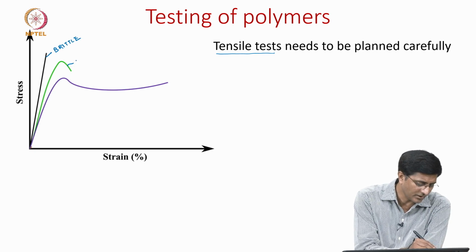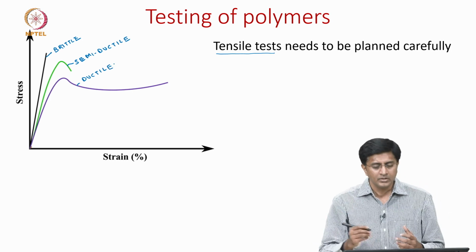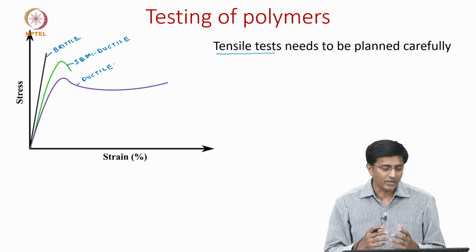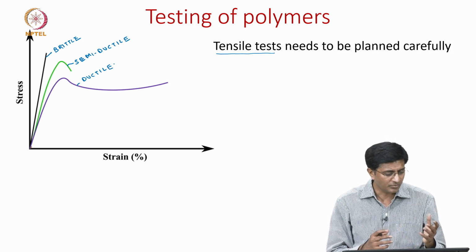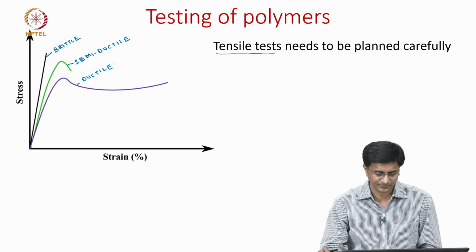we have this semi-ductile, and then this ductile behavior. So, let us see under what conditions we get the brittle behavior and under what conditions we get the ductile behavior.